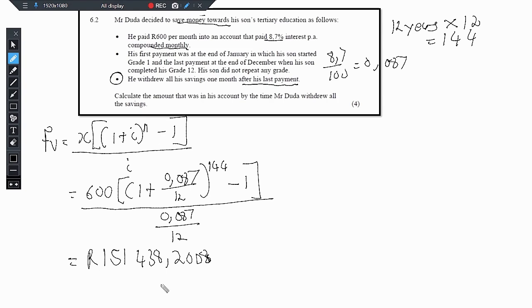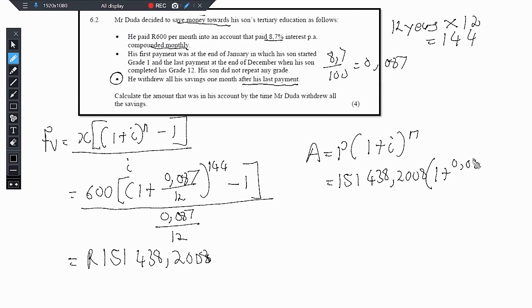So if you leave your money in an investment account, it should accumulate interest. So how are we going to grow this money here? We want to use our compound formula, right? So note, in order to grow the money, we use the compound formula. Remember, this is the formula that we use in order to grow a lump sum, right? So this is a lump sum of money. And now it will be grown with the same interest rate, 0.087 over 12, but for a period of how many months?